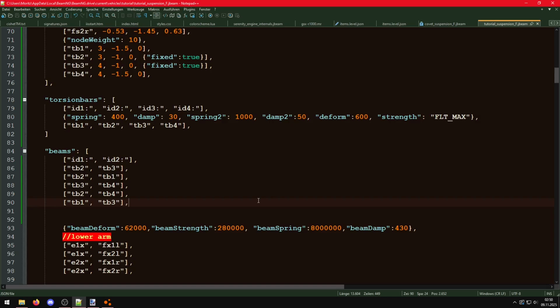Also, if any of the beams connecting the torsion bar nodes together breaks, so does the torsion bar itself.